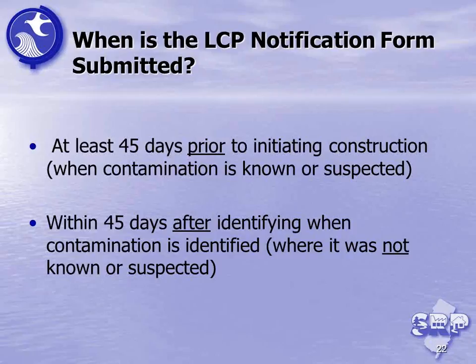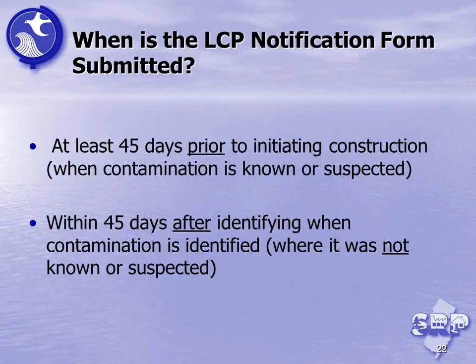So I just mentioned this form. Fortunately, there's only two forms to fill out for a linear construction project: the notification form up front and the reporting form at the end. So if the 200 cubic yard contaminated soil criteria is triggered and you want to follow the guidance, then at least 45 days prior to initiating construction, you need to submit the form for when contamination is known or suspected.